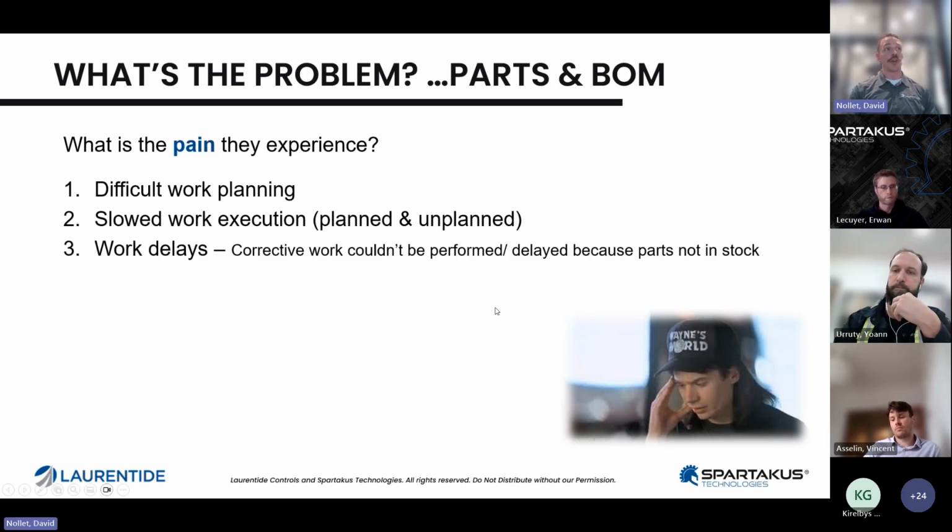I probably have work delays, so maybe I actually planned to get a certain job done at the shutdown last week, but turns out I was supposed to have the part in stock and I didn't. And so now I'm actually going to have to delay doing that job. I had identified the need to replace a bearing doing vibration analysis.